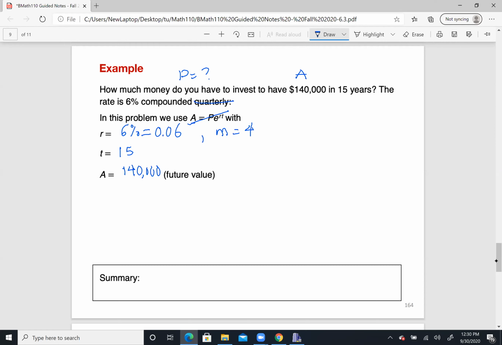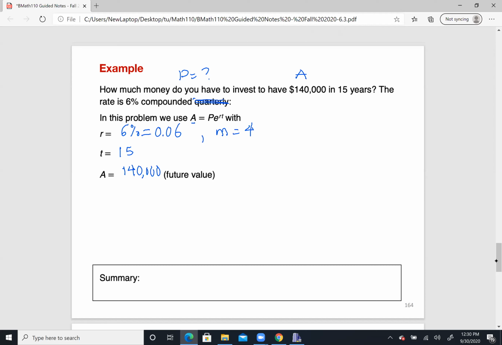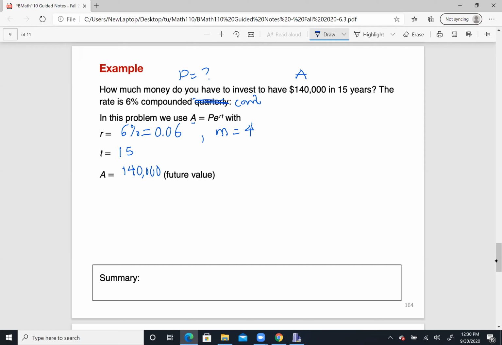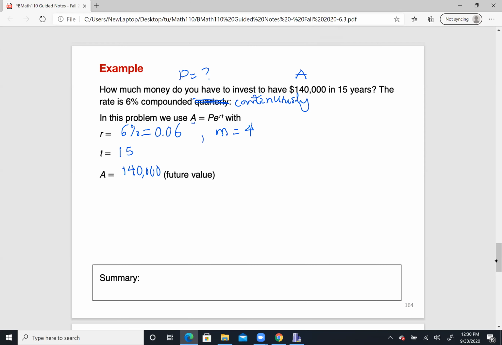So I think the question means that it is compounded continuously, because we did some compounded quarterly problems above already. So it should be compounded continuously. Okay, and since it's compounded continuously, then you should not have m at all, right? And you will use A equal to P times e to the power rt.